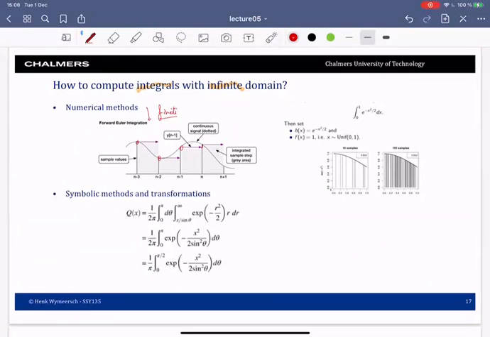When the domain is infinite or finite and the problem is nice enough, you can use something called Monte Carlo integration.